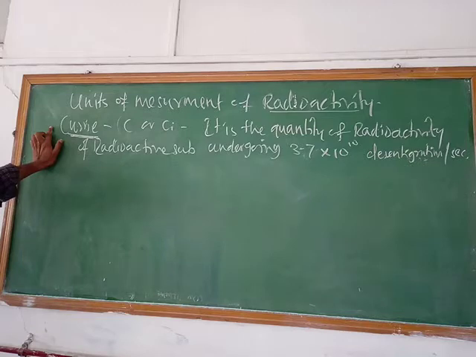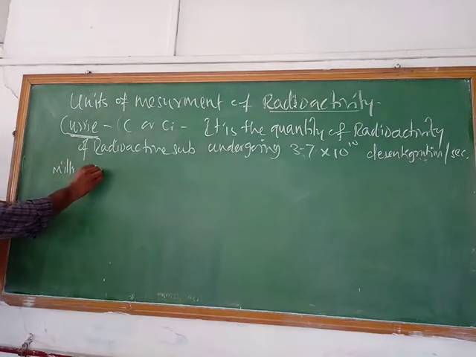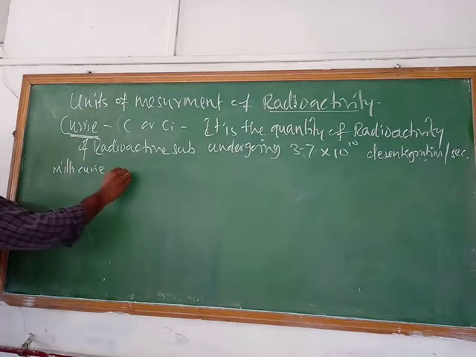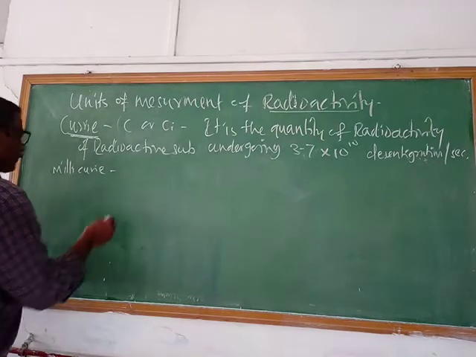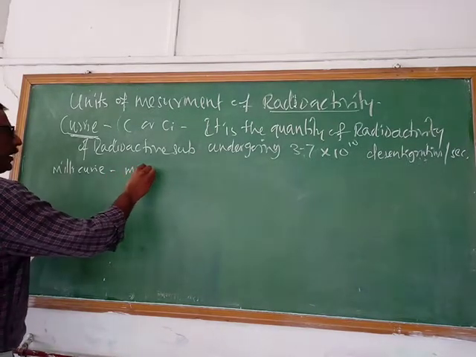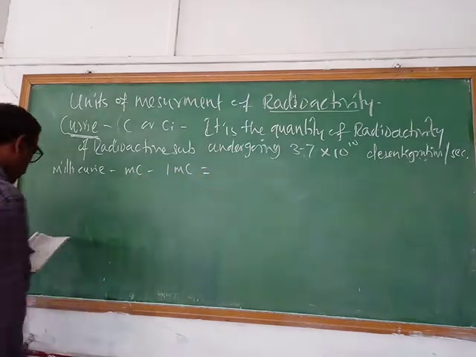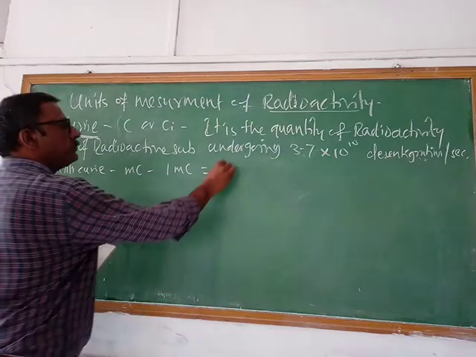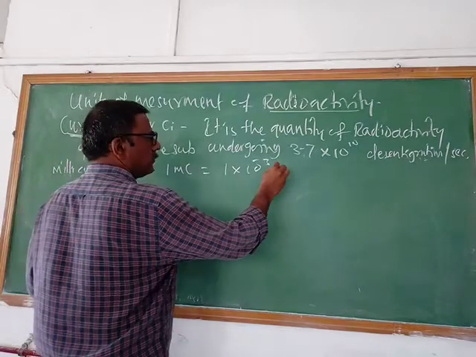Second, millicurie. That's denoted by mCi. 1 mCi is equal to 1 into 10 raised to minus 3 curie.